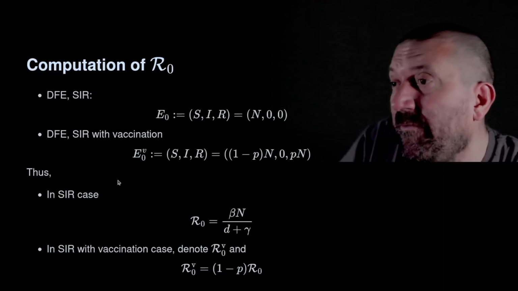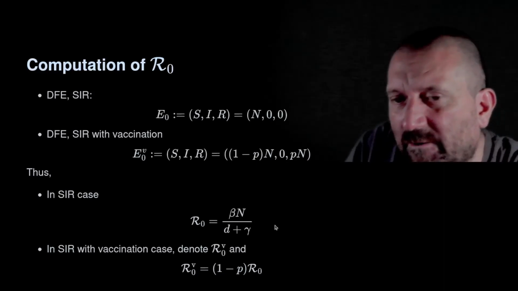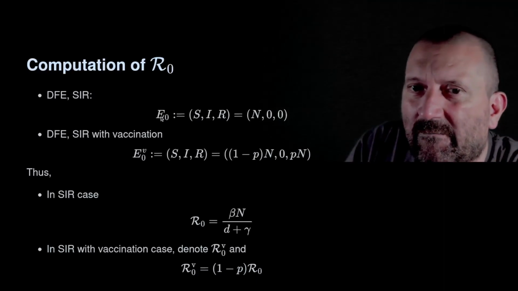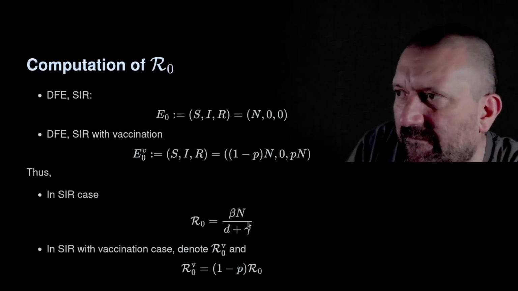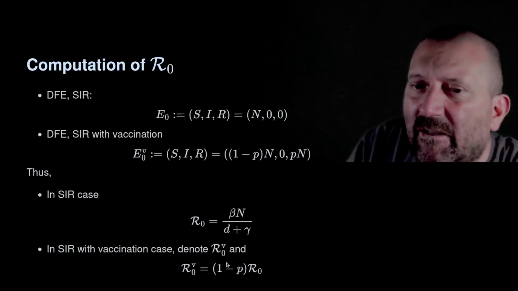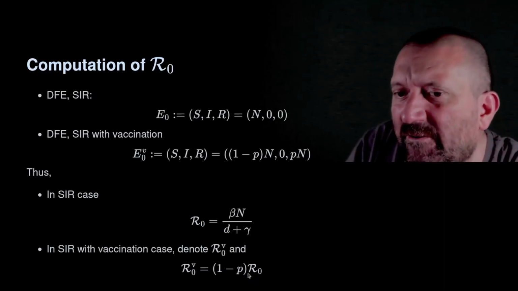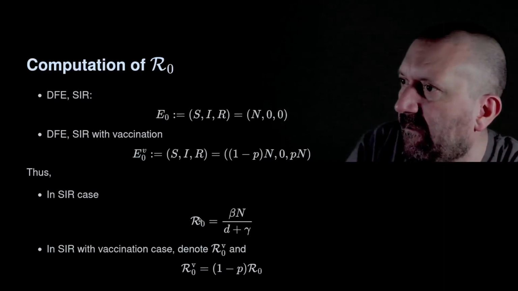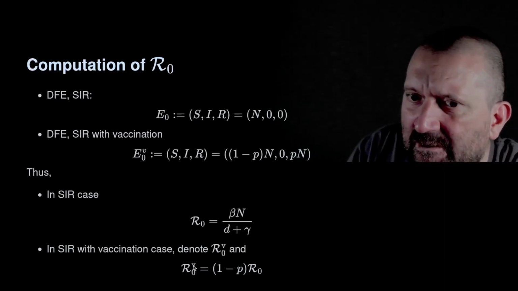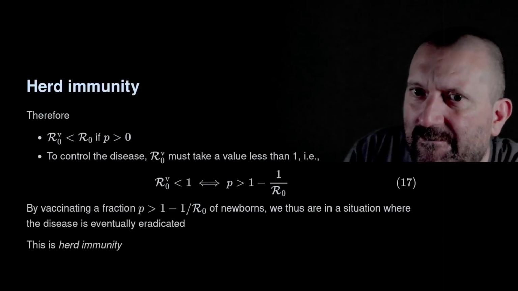When I compute the R0, I'm not going to show you the computation, but in the case of the first model I find this, and in the case of the second model I find something that I can relate to the first one this way. It's 1 minus p times R0 of the model without vaccination. So R0V, with vaccination, equals 1 minus p times the one without vaccination.